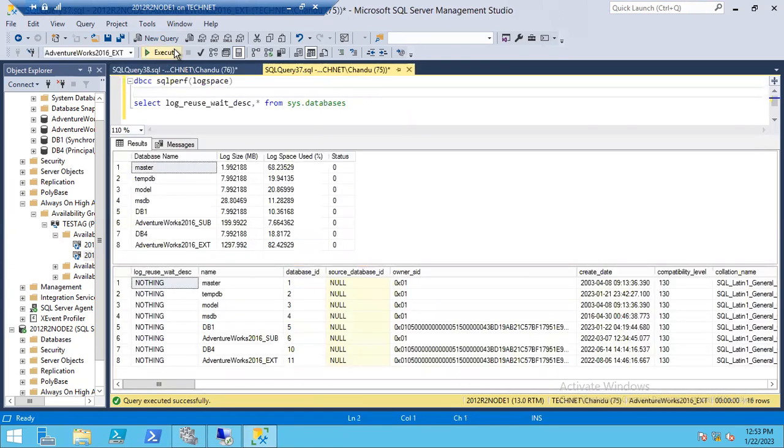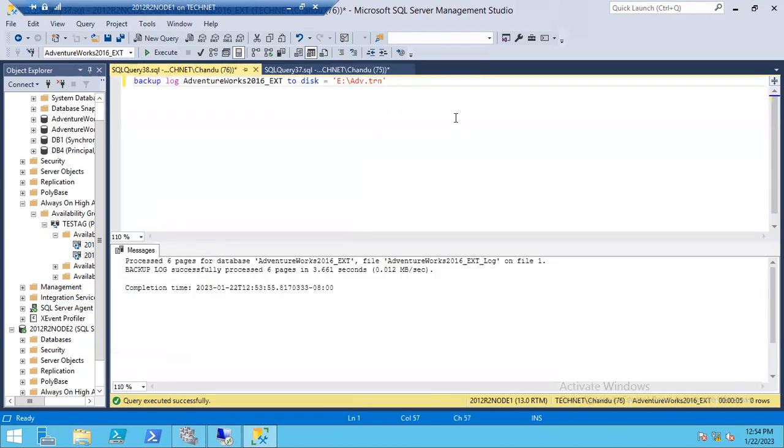That is the reason the log is not truncated, but that should be fine, right? Maybe this log file doesn't have enough space to truncate. No, never mind. This is fine, because we see that the database status is showing us nothing, and until and unless it is showing some other wait type or wait resource, we are good here.